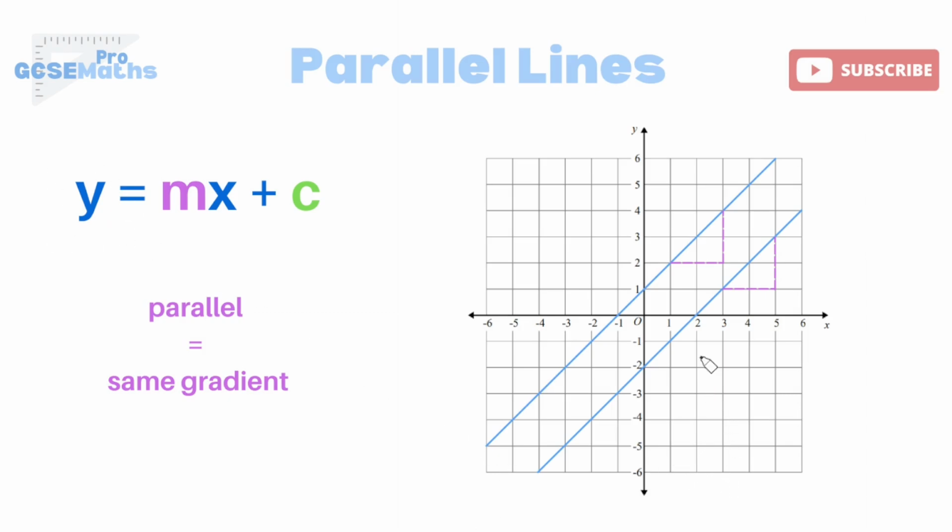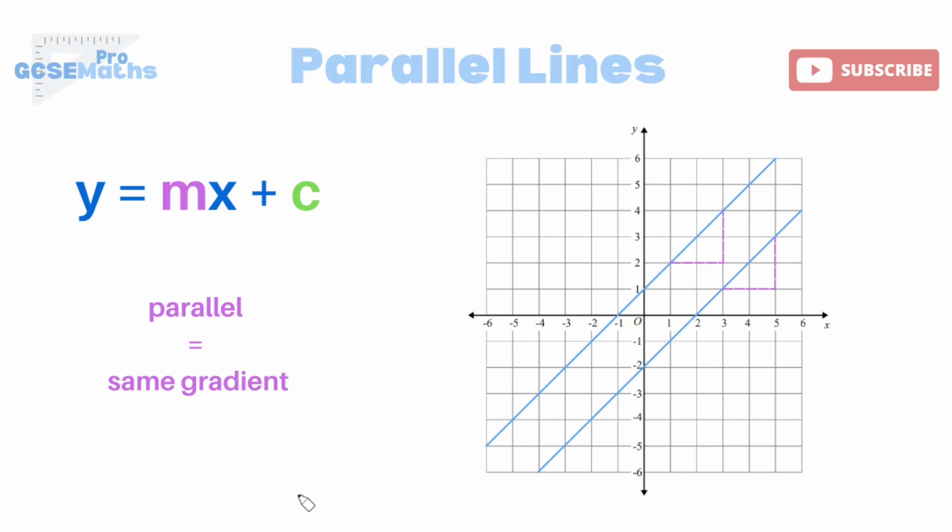That makes them parallel, because if they can't cross each other, and they can't get closer or further away, they just continuously stay at the same distance from each other, then effectively we're saying that the steepness of the lines is exactly the same, aren't we? And as we said, steepness is the gradient.